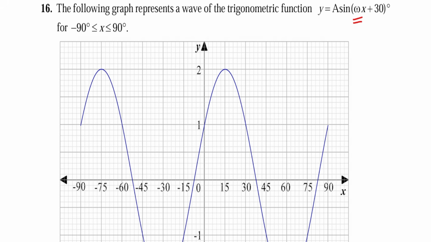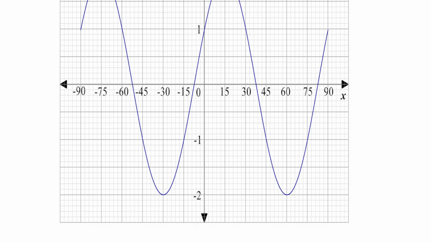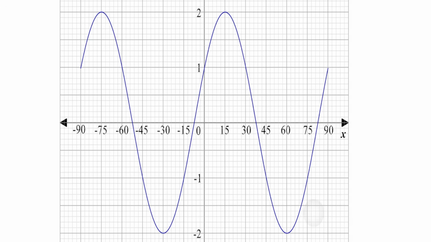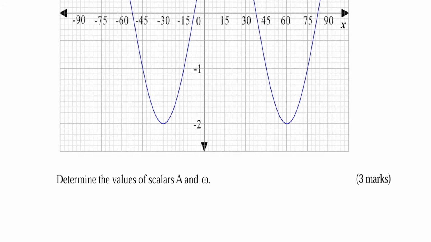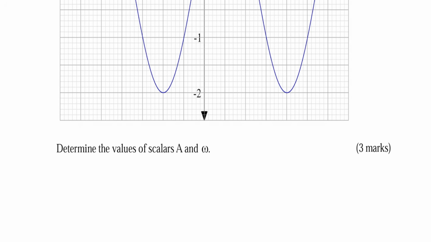Let's say wx plus 30 degrees for negative 90 less than or equal to x, but x is less than or equal to 90. So it's a range between negative 90 and 90. So you have this one. Now you've been told to determine the values of the scalars a and this w, something like that.